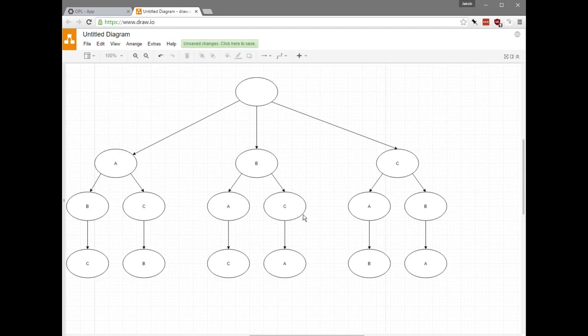Once we've done this for the first level, we then need to assign probabilities to the next level. So, given that player A has been eliminated first, what's the likelihood of player B being eliminated next, as opposed to player C being eliminated next?